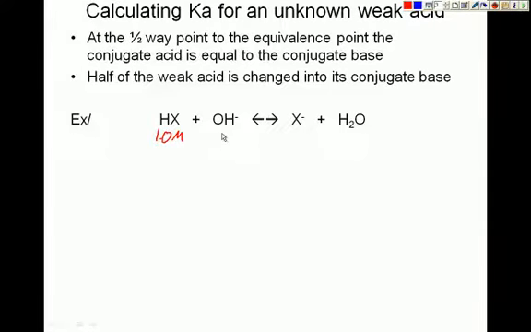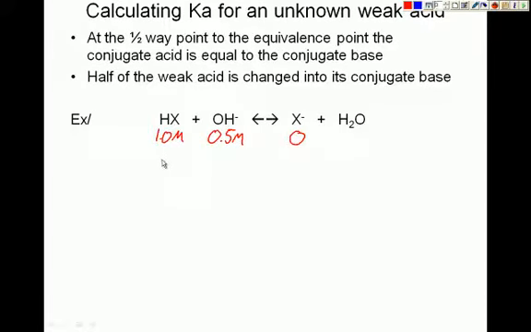That would be equivalence point. So half of the equivalence point would be 1 molar of the weak acid and 0.5 molar of the base.